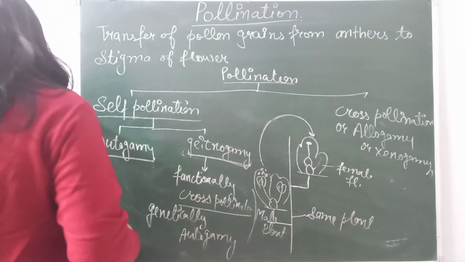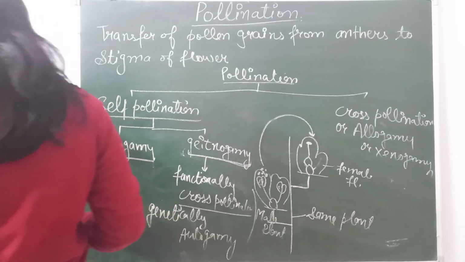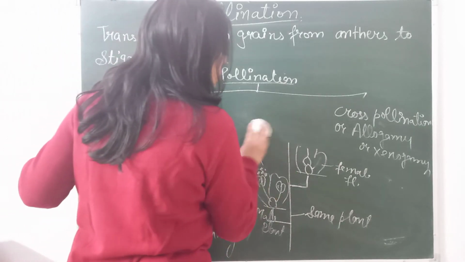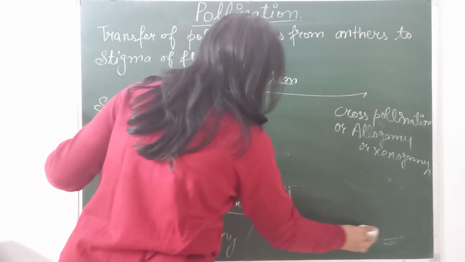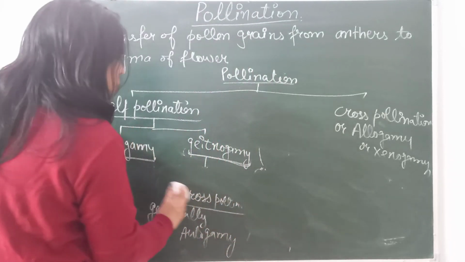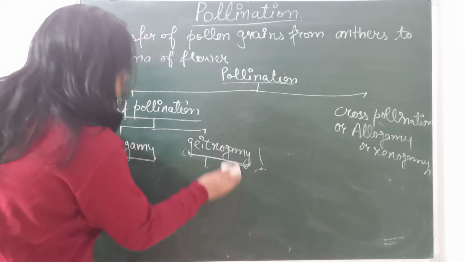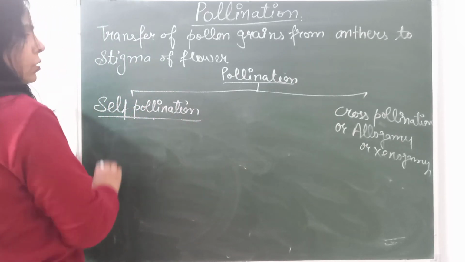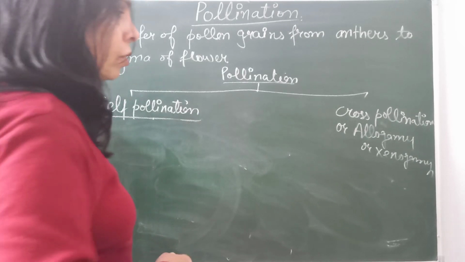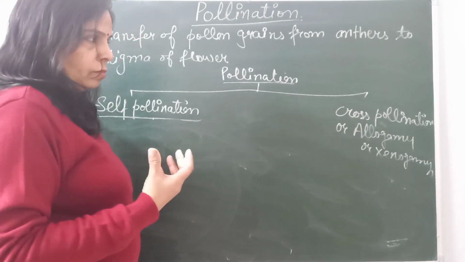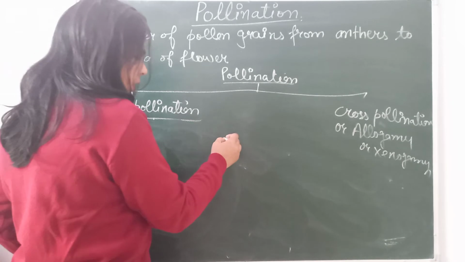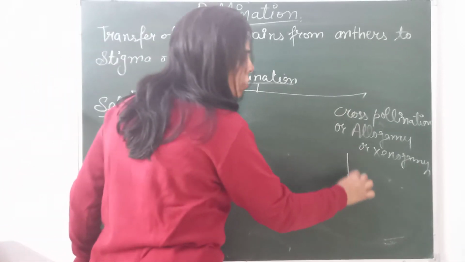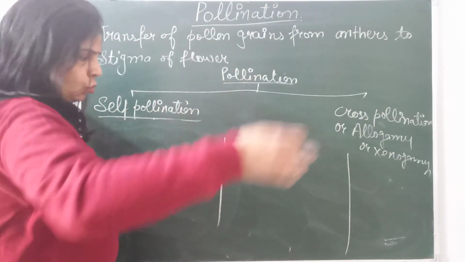Okay. Now, let us start with cross-pollination. Cross-pollination means transfer of pollen grains from anthers of a flower of one plant to the stigma of another plant. What I want to say is, मान लो यहाँ पे 2 plants हैं हमारे पास, एक plant यहाँ है और एक plant at some far distance, बहुत दूर है ये, ठीक है.